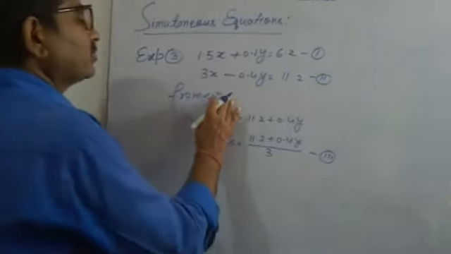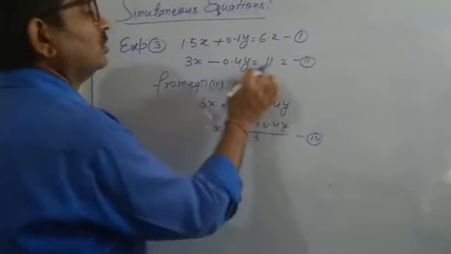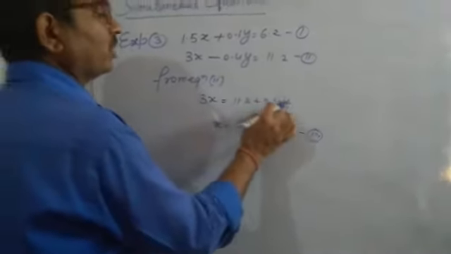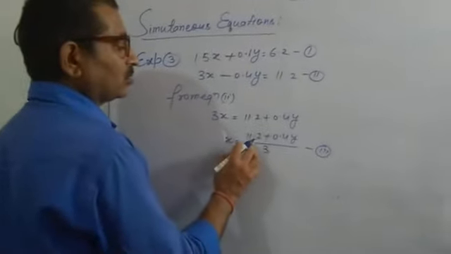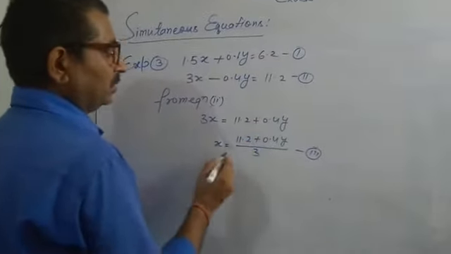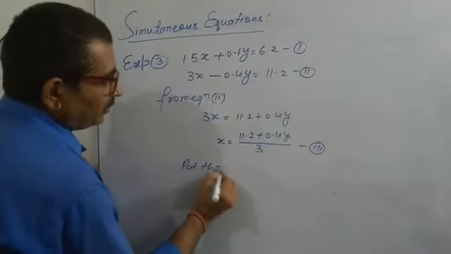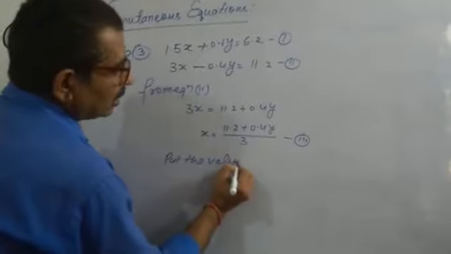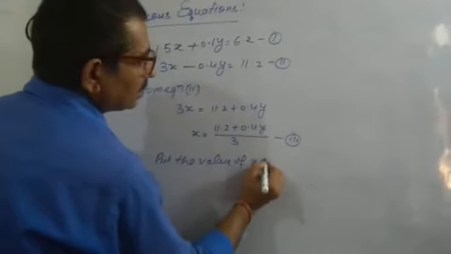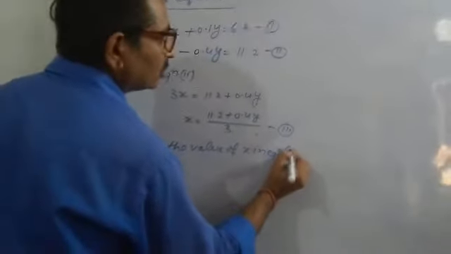From equation second, 3x equal to 11.2 plus 0.4y, or x equal to (11.2 plus 0.4y) upon 3. Put the value of x in equation 1.